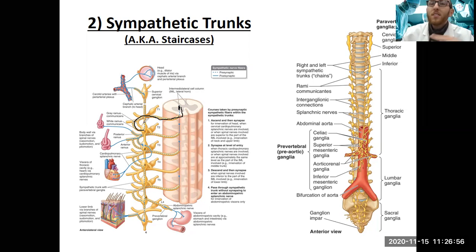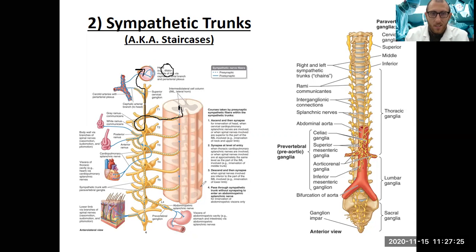The answer, the sympathetic trunks. So you would travel up the sympathetic trunk until you get to the eyeball level. And in this case, sympathetic nervous system would dilate your pupil. It would let more light in. So one of the ways the sympathetic nervous system works with the sympathetic trunks is by taking it up.